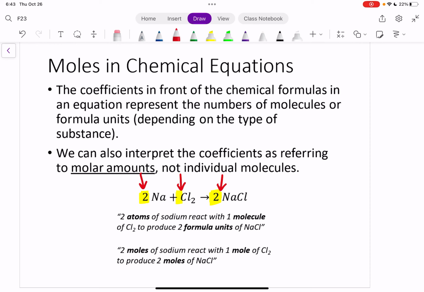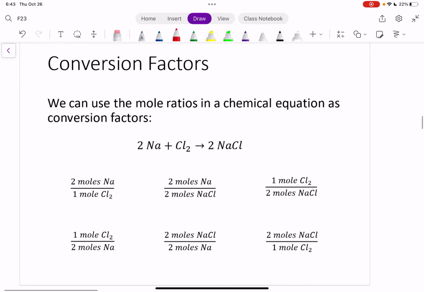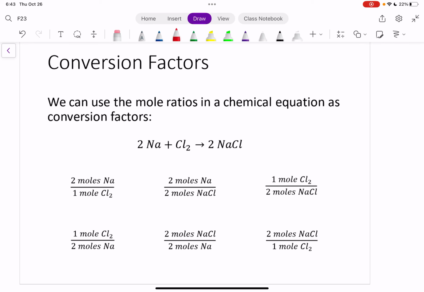So these coefficients refer to the number of moles of each of those chemical species. And this is really cool because we can use these mole ratios, as they're sometimes referred to, in the chemical equation as conversion factors.